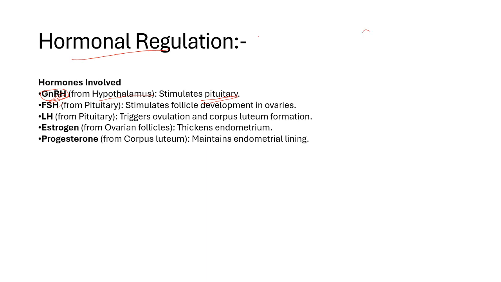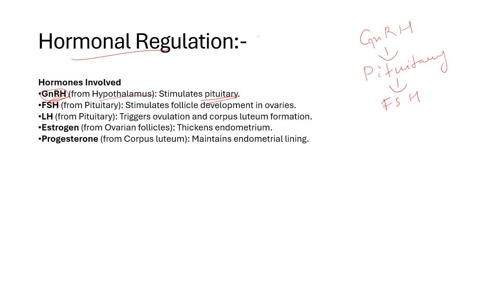So GnRH stimulates the pituitary gland. Now this pituitary gland after stimulation produces FSH, follicle stimulating hormone. It stimulates follicular development in the ovaries, which leads to the formation of ovum.